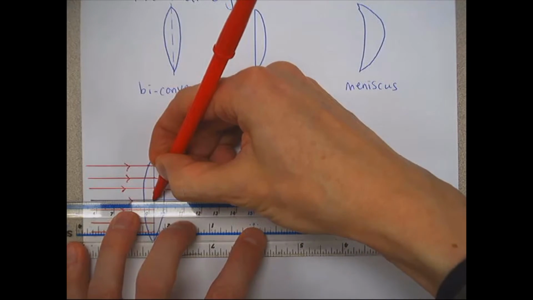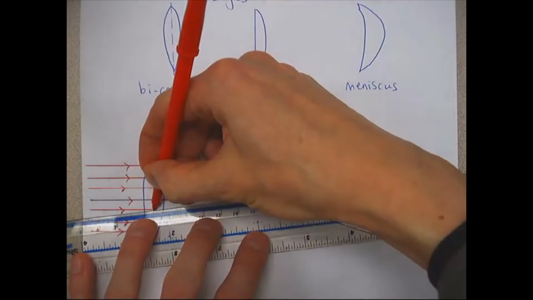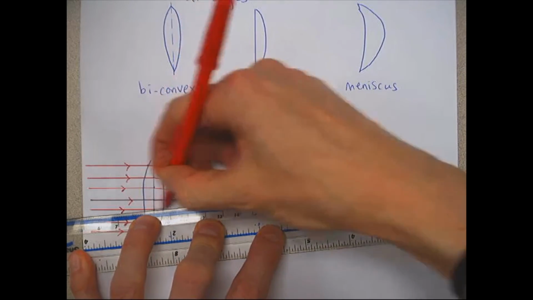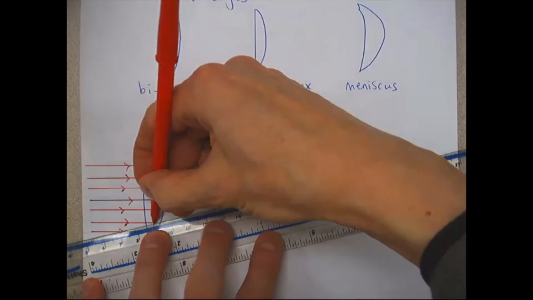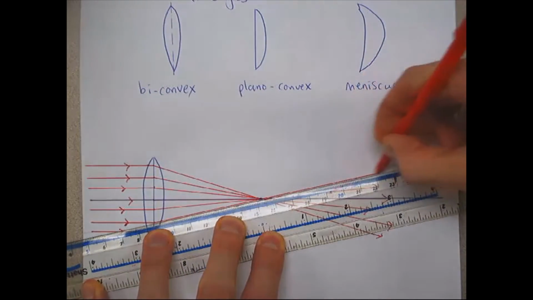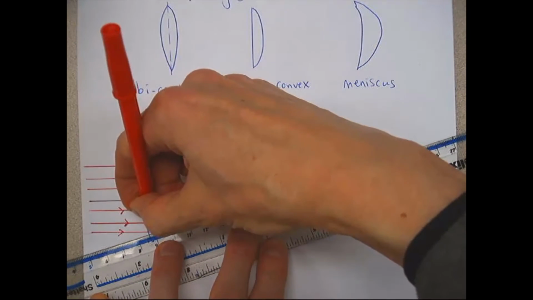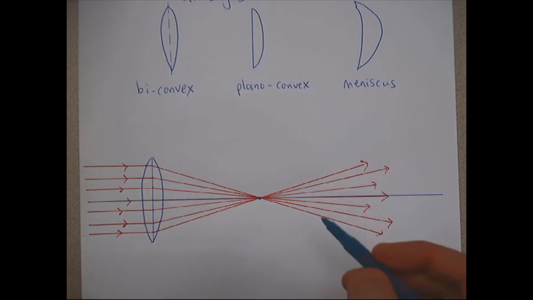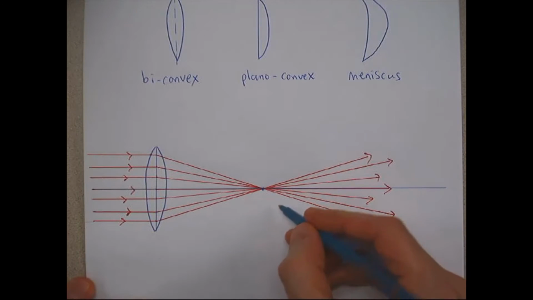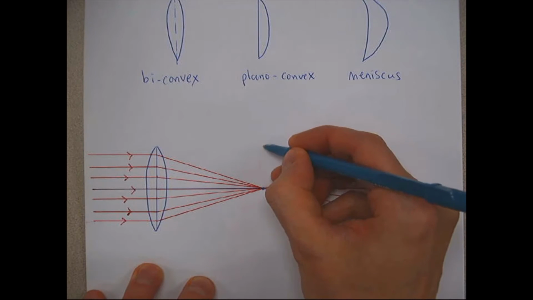Here's one passing straight through. Just a few more to really drive the point home. These all converge at something called the focal point.